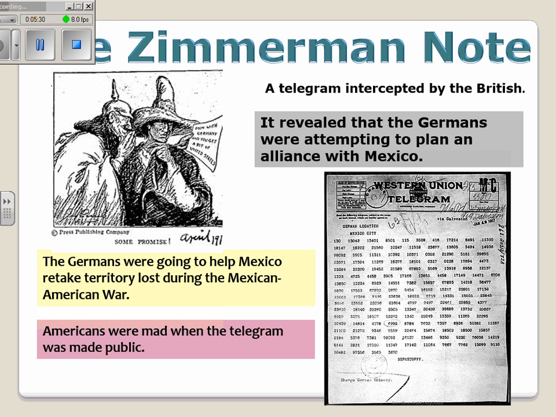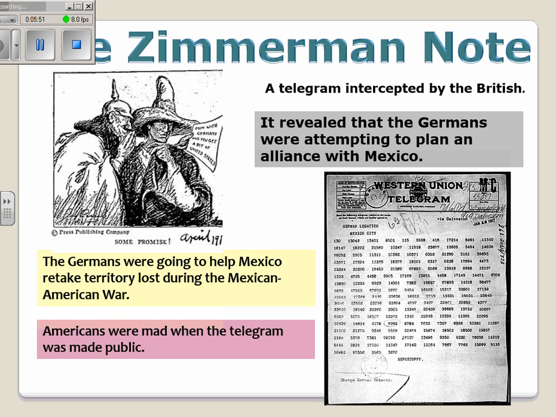Easy enough. Once word of this secret message got out, Americans were outraged. Because remember, at this point in the war, America was neutral. Yes, we had some casualties on the Lusitania, but we really didn't have any skin in World War I, so it wasn't that important to us. We were very isolationist.